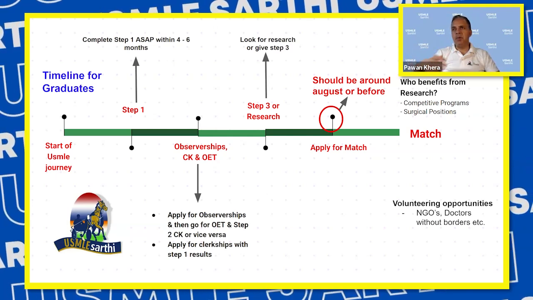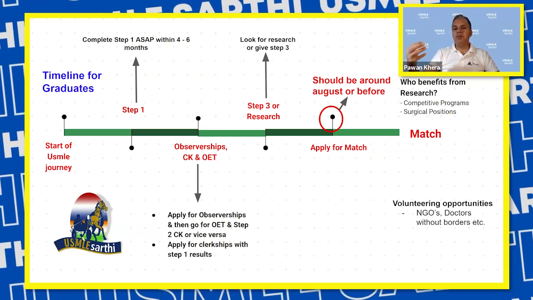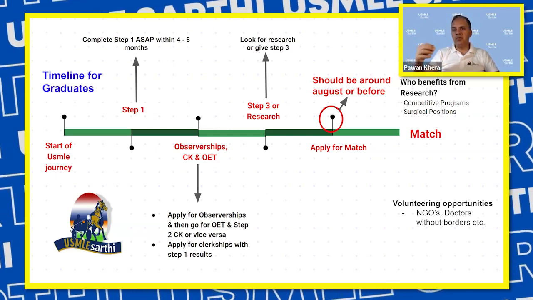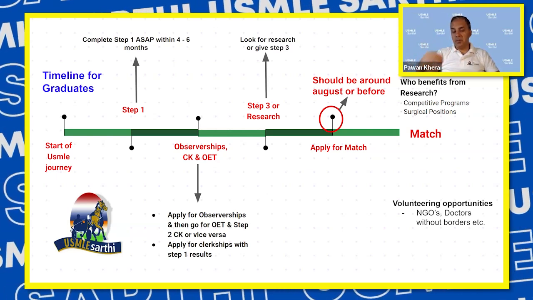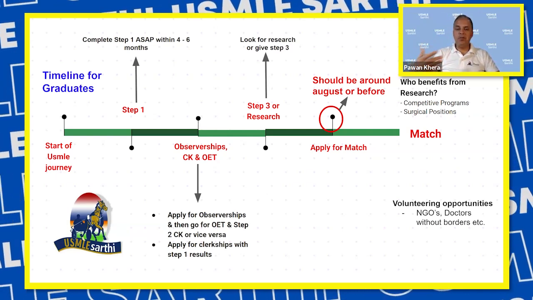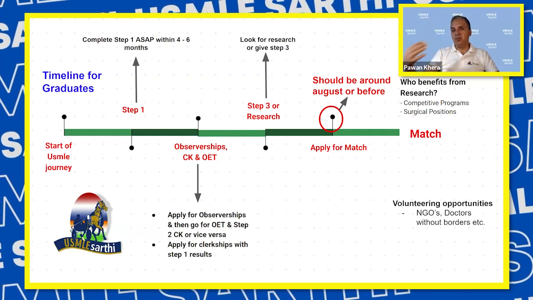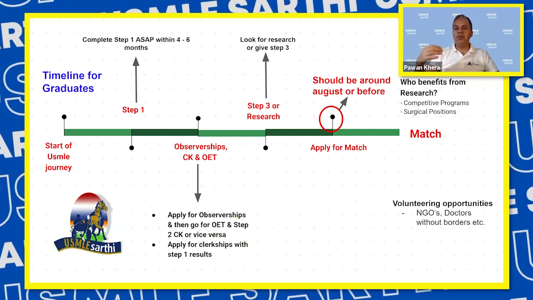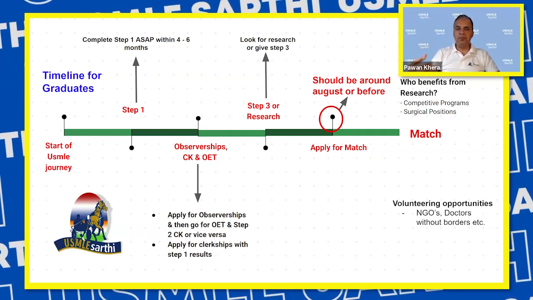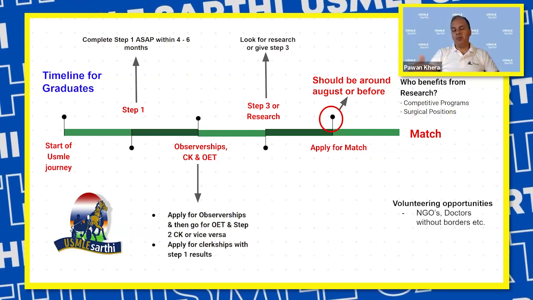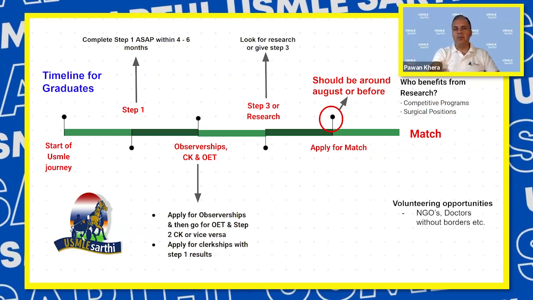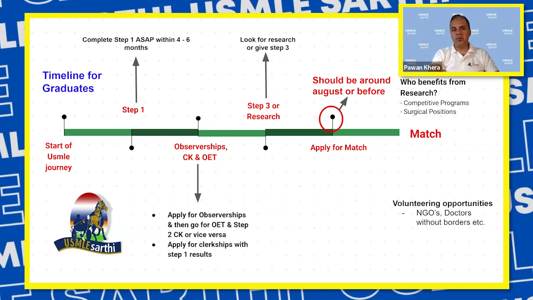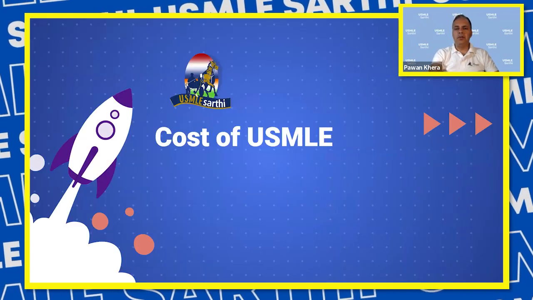But remember, applying with ECFMG certification becomes very important for you. Step 3 is important, again, depending on the CK score. Your experience is important, but USCE becomes more important for you. Okay. So if you fall in any of these categories and if you have questions, we'll certainly discuss, but I want to show you this timeline.